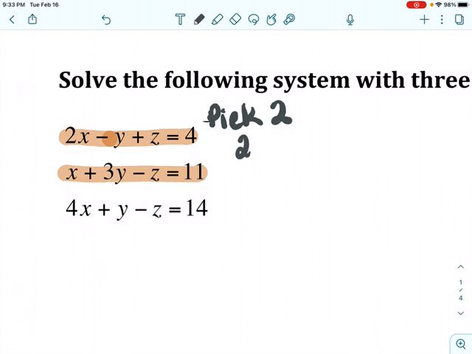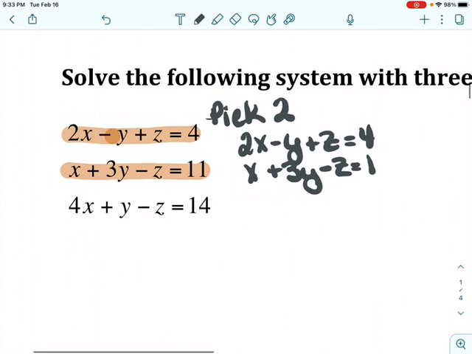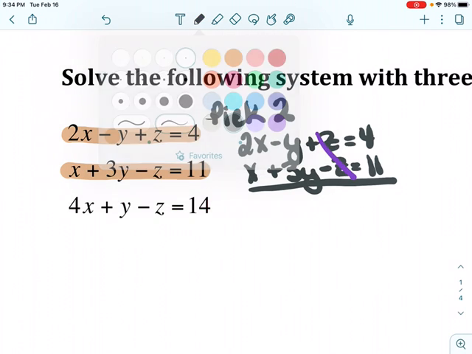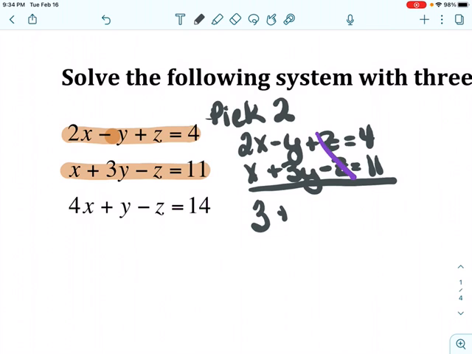So I'm going to pick those two, add them together, and the z's are going to cancel out. There they go. Add my equations.